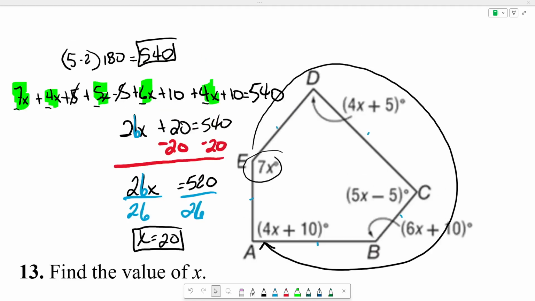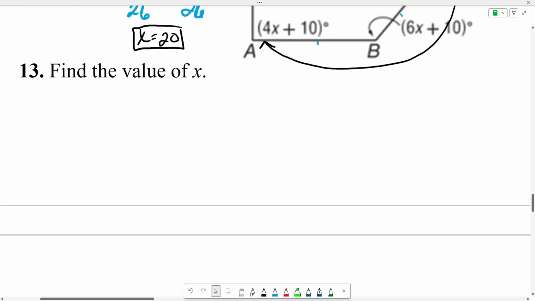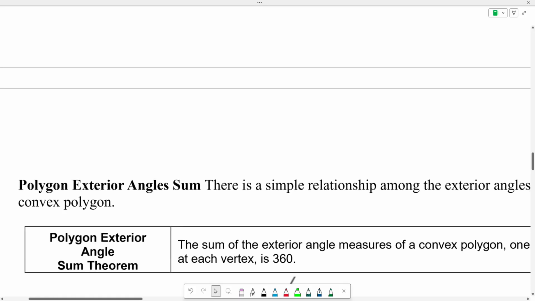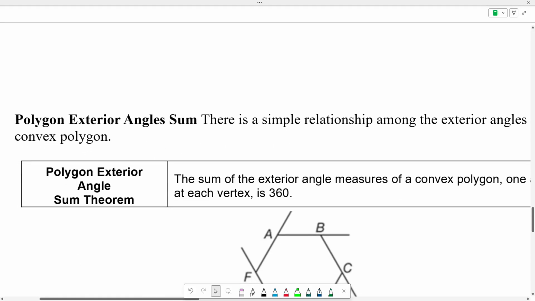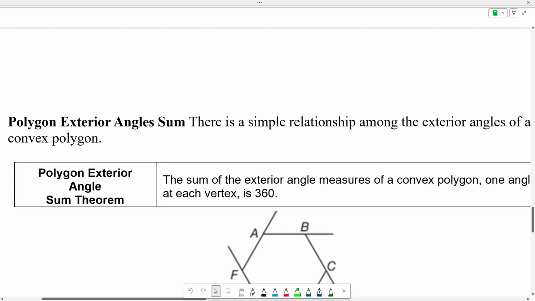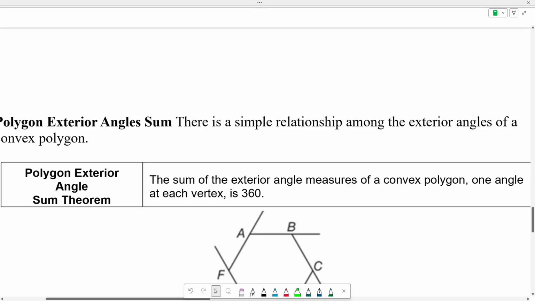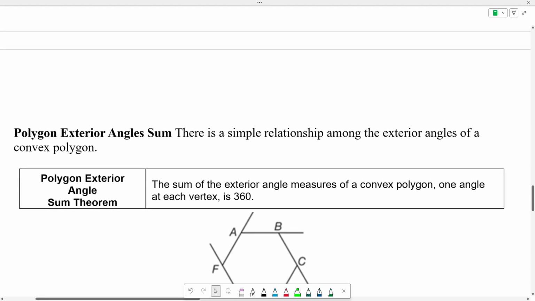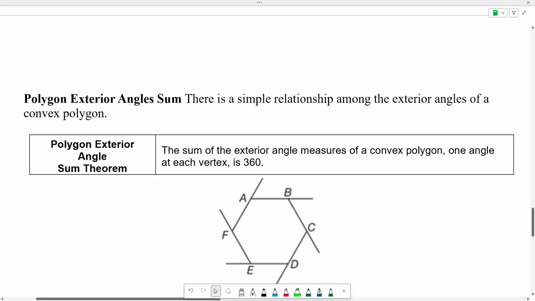Now we're not only going to look at just the inside of our polygons. We have this other one here. It says the polygon exterior angle sum. Simple relationship for our exterior angles for a convex polygon. It says polygon exterior angle sum theorem.